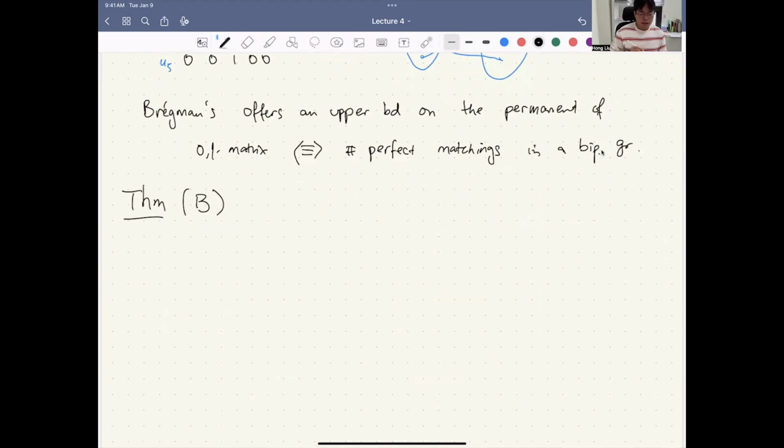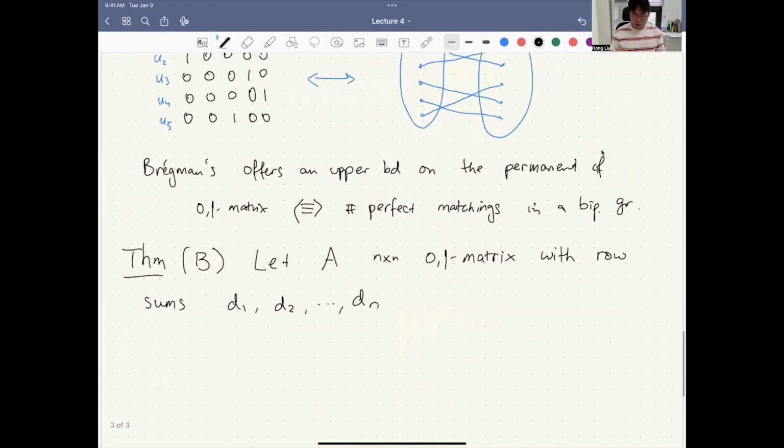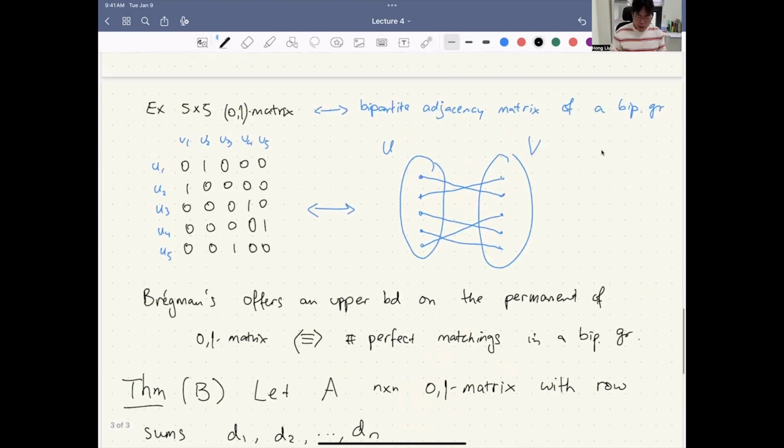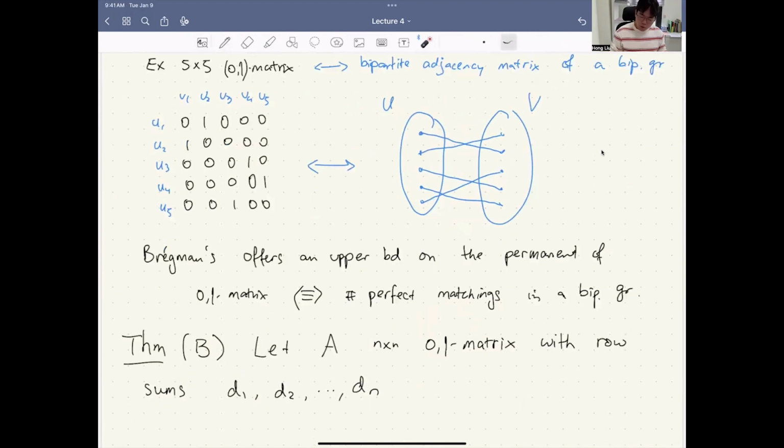Bregman: let A be an n by n 0-1 matrix with row sums d1, d2, to dn. Row sums just means the number of ones in each row, okay? And look, what does row sum mean?